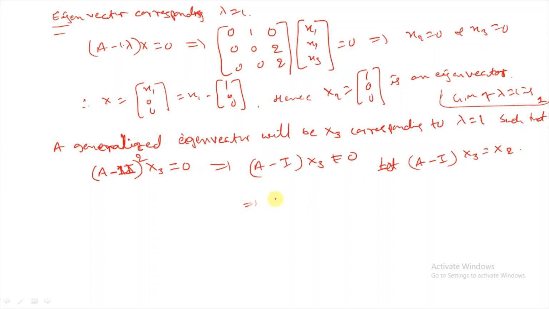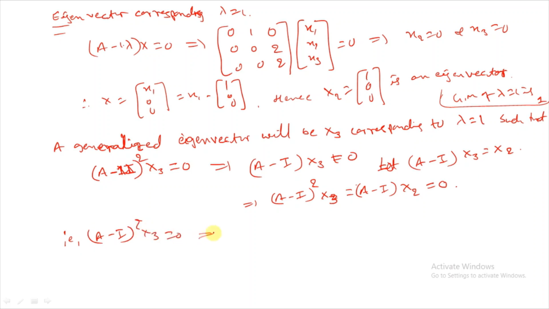Now this implies (A minus I) whole square x3 equals (A minus I) x2, which equals 0. That means (A minus I) x2 equal to 0. We have taken (A minus I) x3 equal to x2.